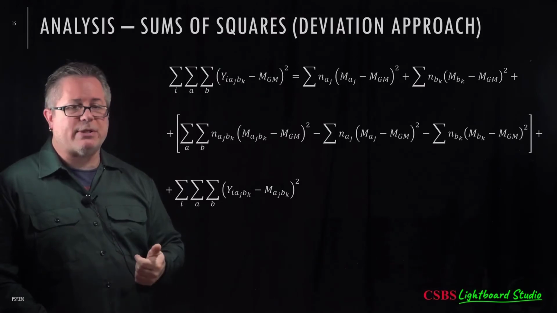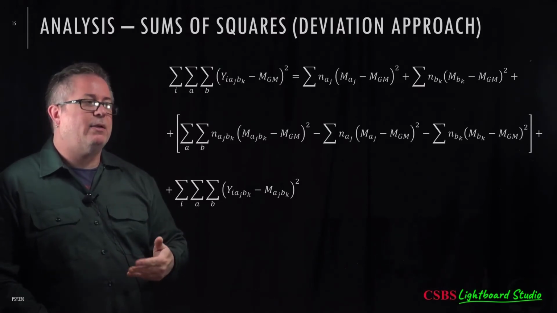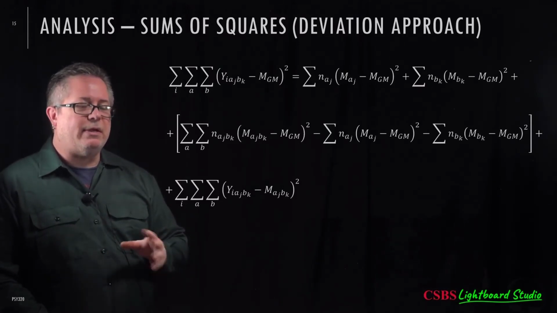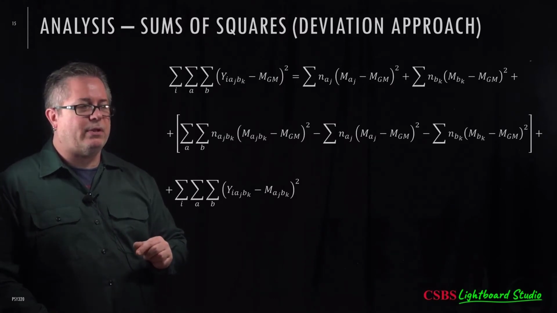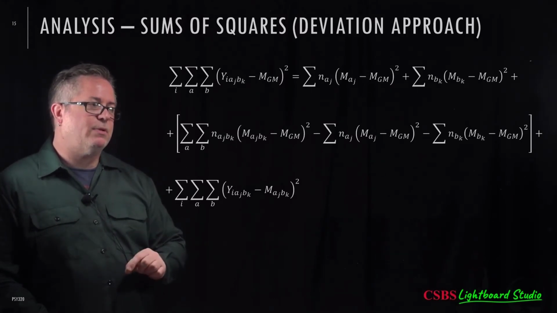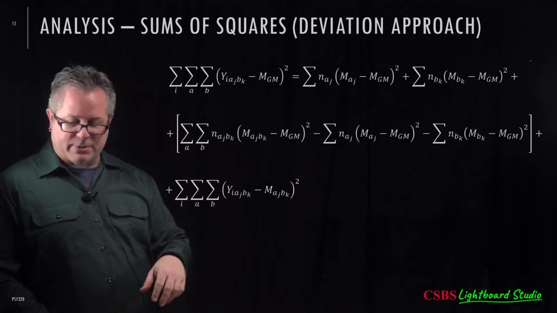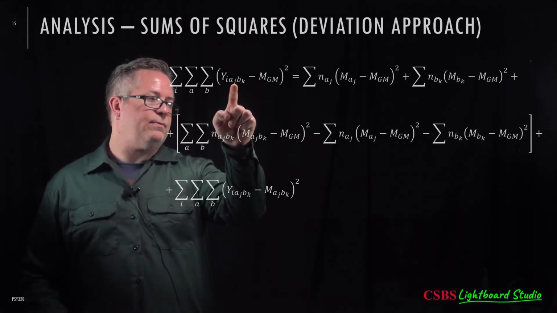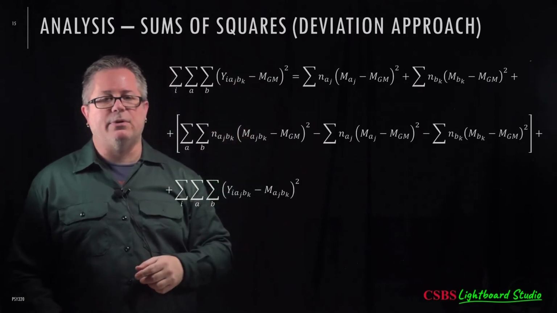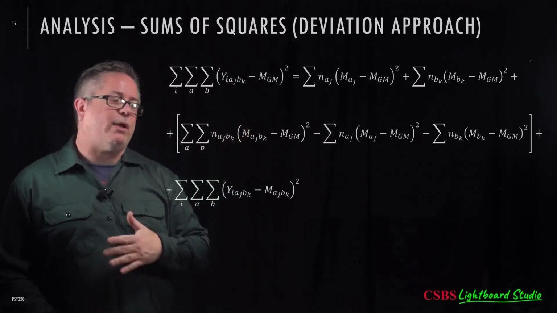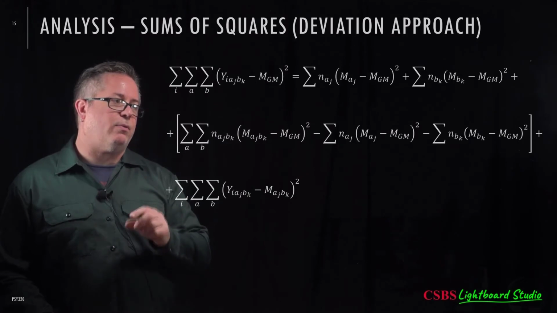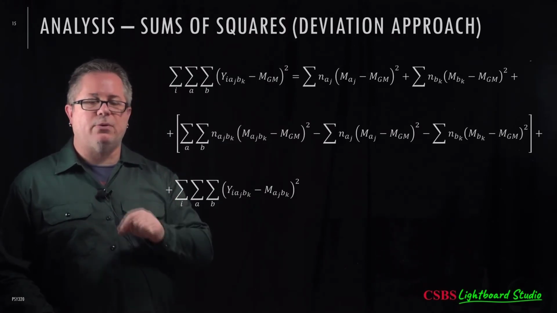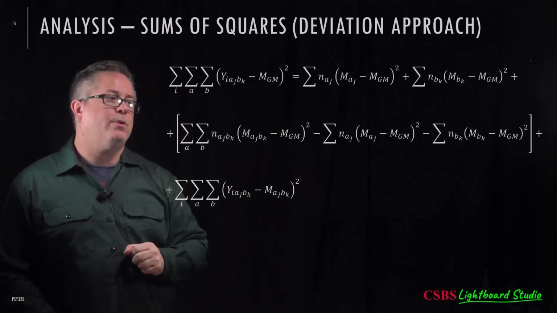So remember, A represents the levels of A, B represents levels of B. To indicate that we're talking about individual levels, we now have subscripts. So the J is just the stand-in for the level of A. All right, so A1, A2, A3, those are all represented by J. Just generically, we're going to have an AJ level.